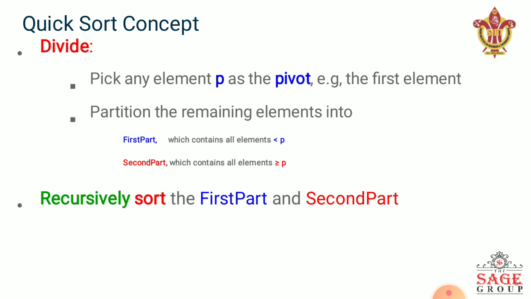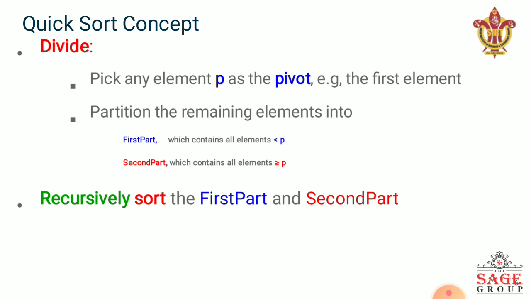After partition, at the partition position we have smaller elements on the left side and larger elements on the right side.